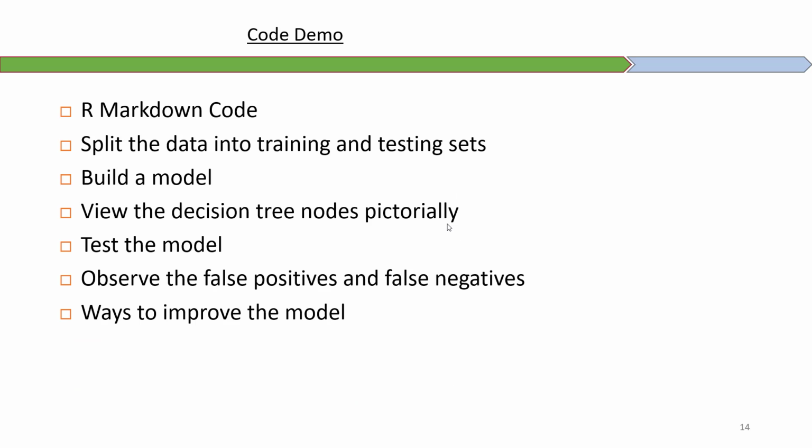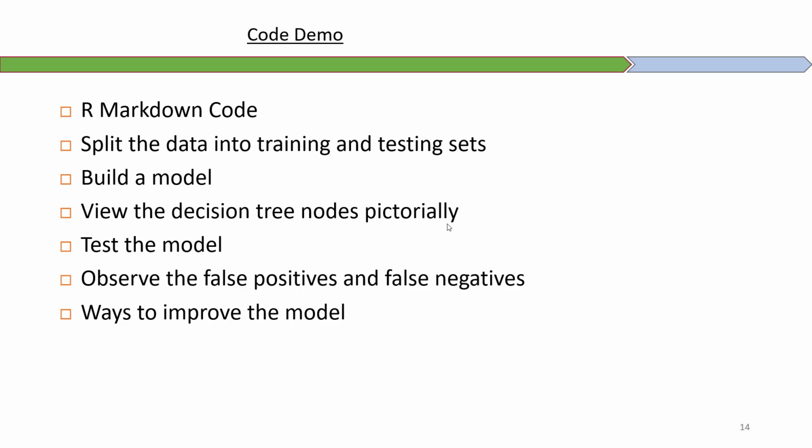In terms of the R code, we are going to look at the code features or some lines of code. I want you to focus on how to read the data file, which you already know from previous lessons. I also want you to be able to split the data into training and testing sets. We'll review the code for building a model.